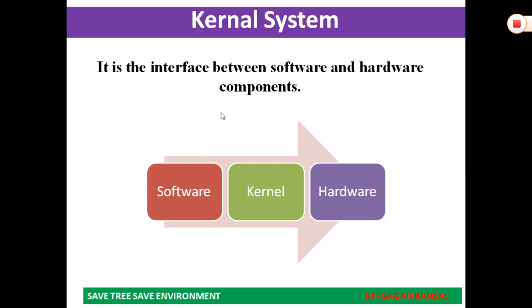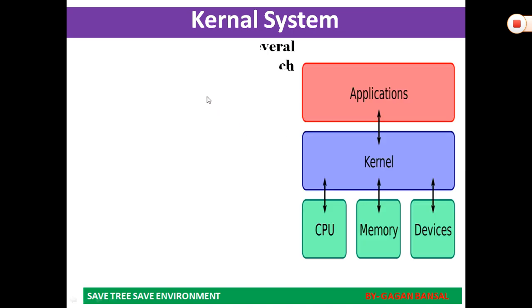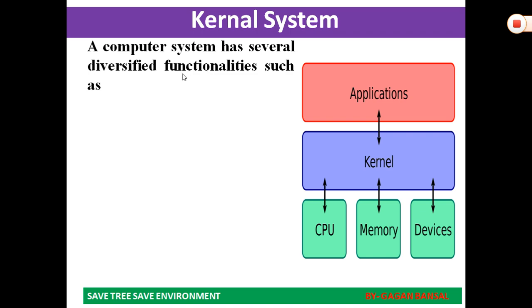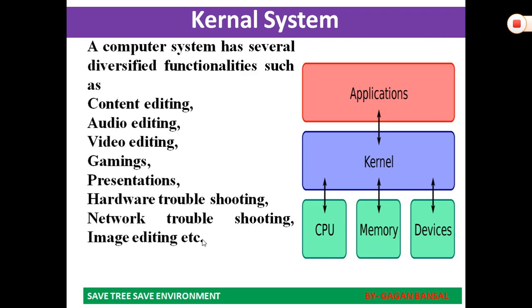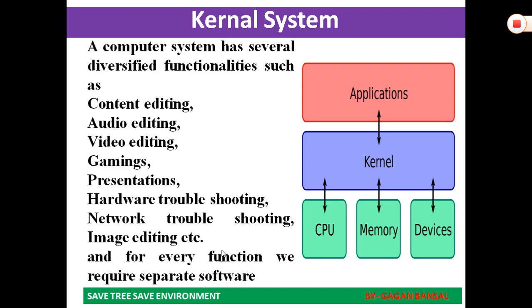What exactly is the kernel? It is an interface between the software and the hardware component. A computer system has several diversified functionalities such as content editing, audio editing, video editing, gaming, presentations, hardware troubleshooting, network troubleshooting, image editing, etc. And for every function we require separate software.